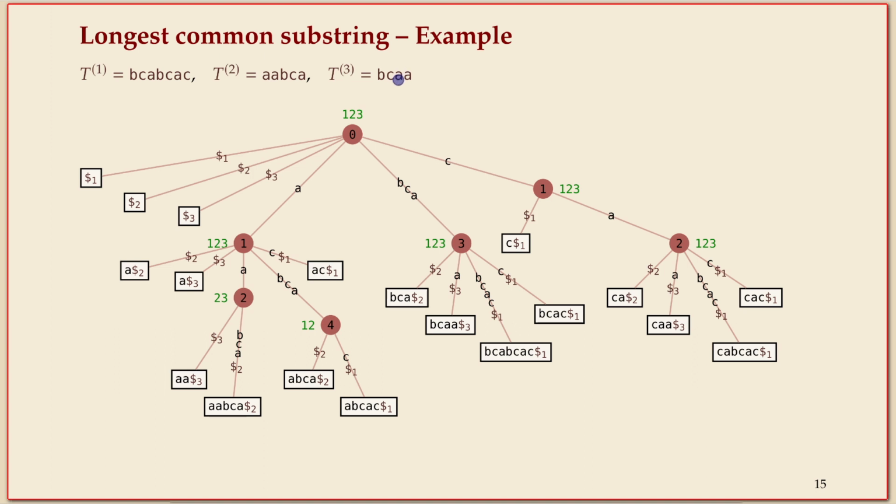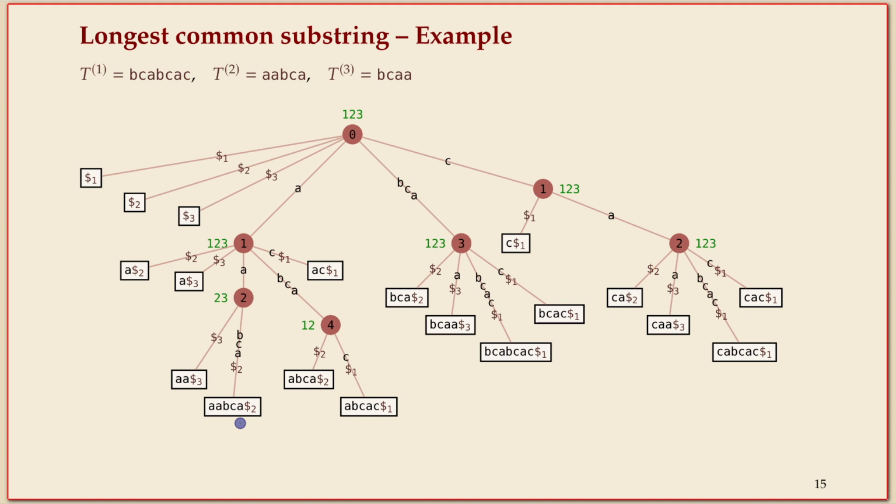So there must be AA from the third, for example. So you can follow A. And then there's an edge with $3 telling me, oh, this is a suffix of the third text. There are more occurrences of AA in text 2. So you could also have AABCA. That brings you to that one, and so on and so forth.